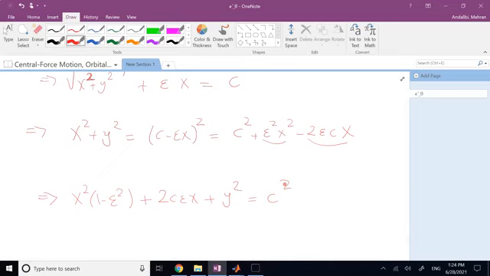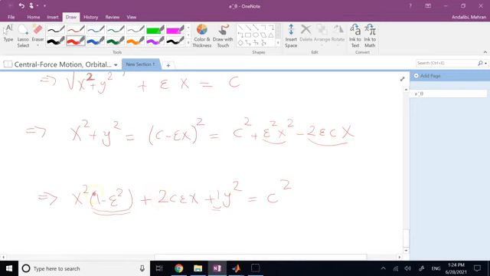The center is definitely not at 0, 0. And you see why it's an ellipse, because the coefficients of the x squared and y squared terms are different, correct? So this is an ellipse, and the center is not at 0, 0.